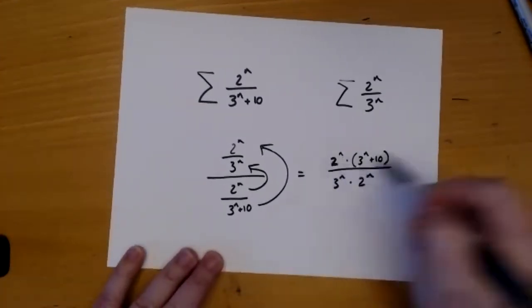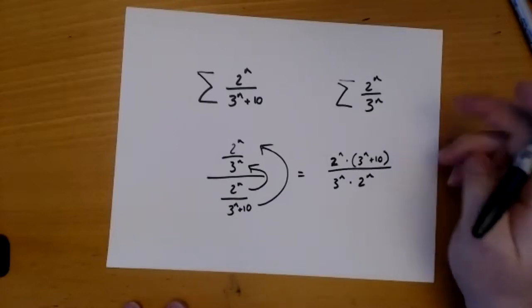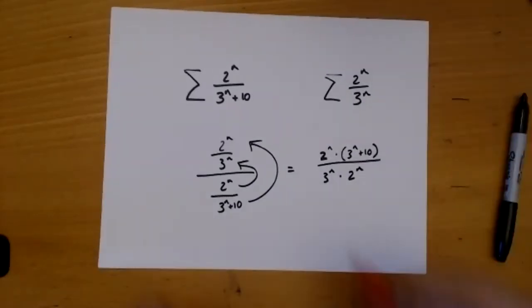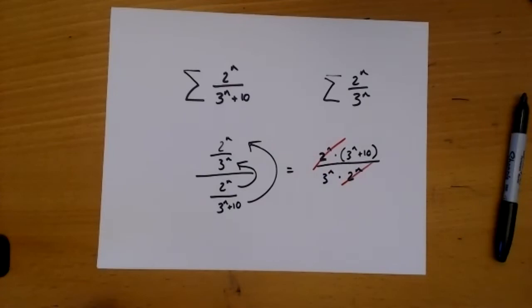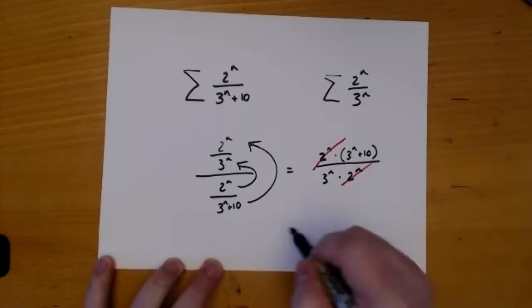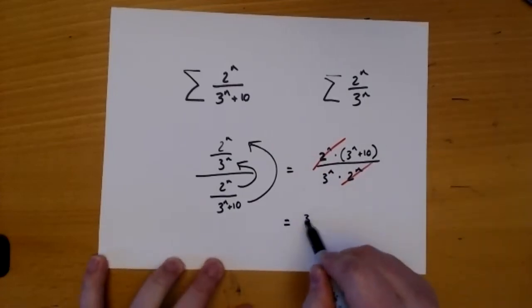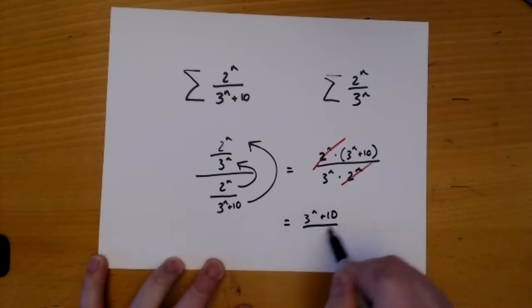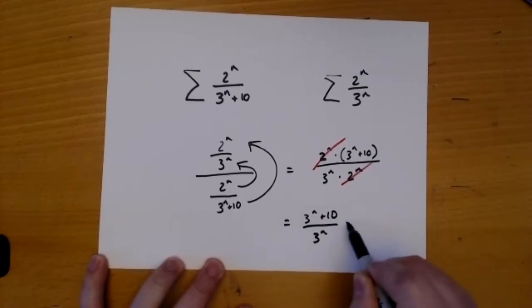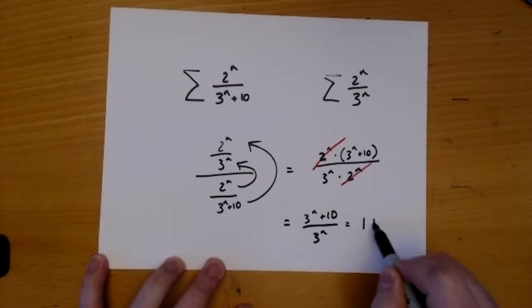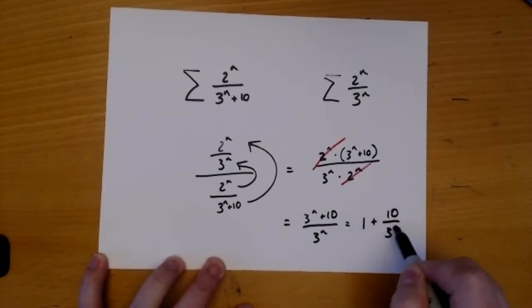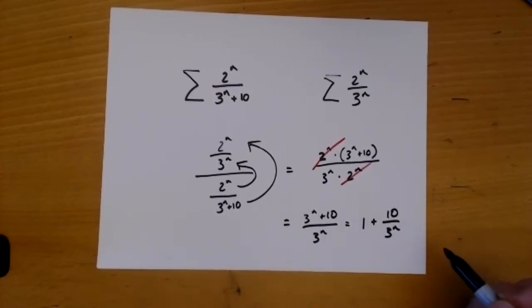So far, so good. Has everyone got all that stuff? So those go away. Now what happens?